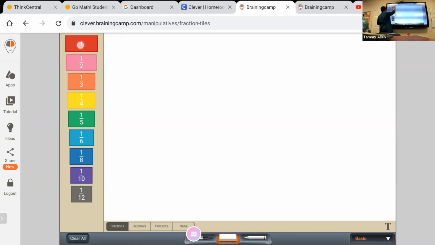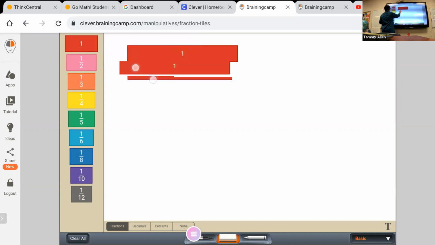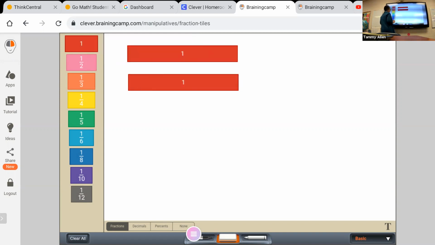First thing we're going to do is line up two whole amounts. All right? And then over here, I want to subtract 3/4 off of it. Okay?